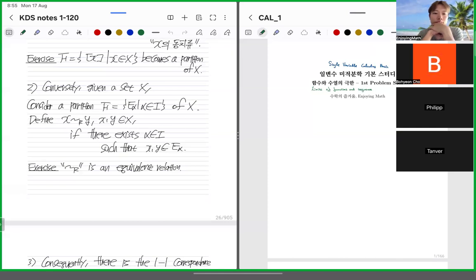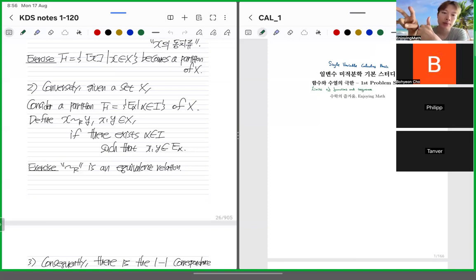We have to take a look at E alpha and its elements.